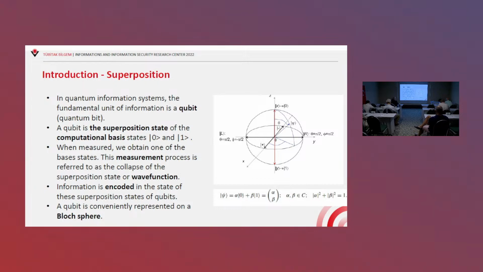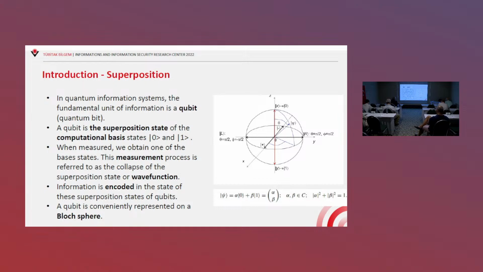Just to give you more explanation on the superposition principle, on the right-hand side we see the Bloch sphere. Any qubit that we could represent as ket psi equals alpha ket 0 plus beta ket 1, where alpha and beta are complex amplitudes, could be represented on this Bloch sphere as a point.